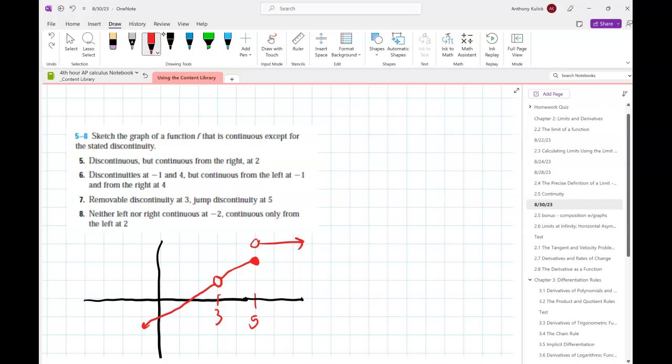Katie. I forgot to ask for the last one, but for a piecewise function, you always have to check the left hand. If you're doing a limit, yes, to evaluate the limit at the boundary of two pieces, you're going to have to check from the left or the right.